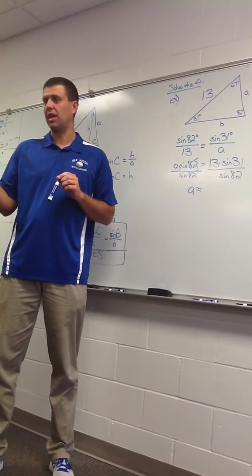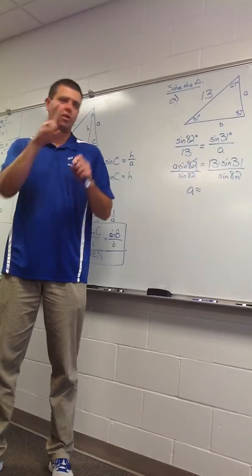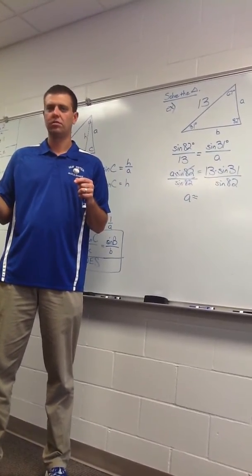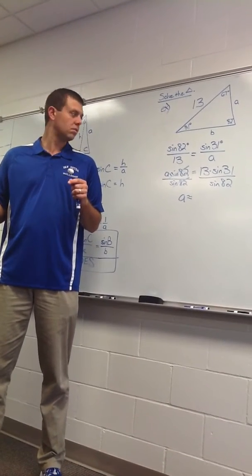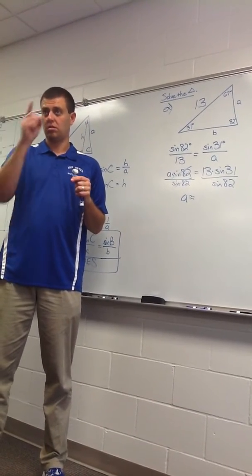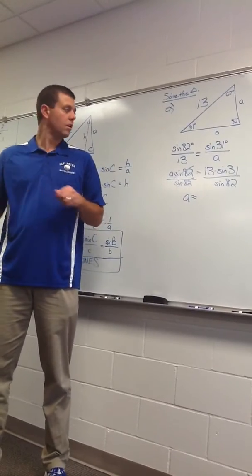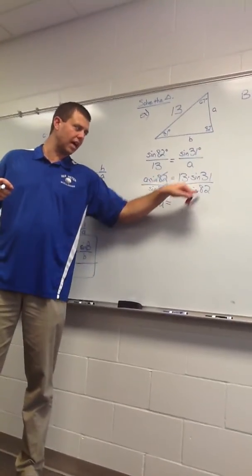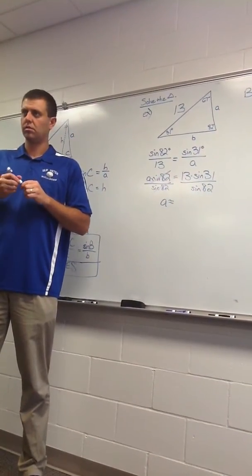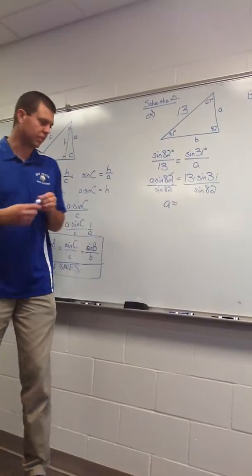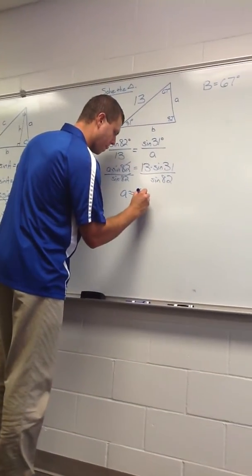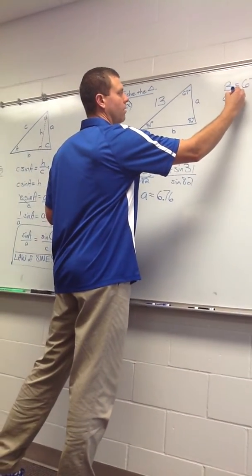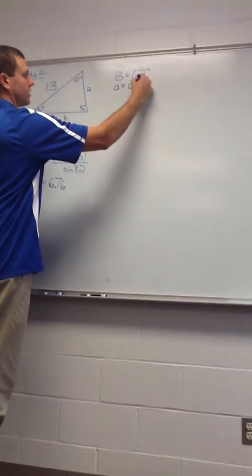Let me confirm: 13 times the sine of 31 divided by the sine of 82. 6.76. So A is about 6.76.